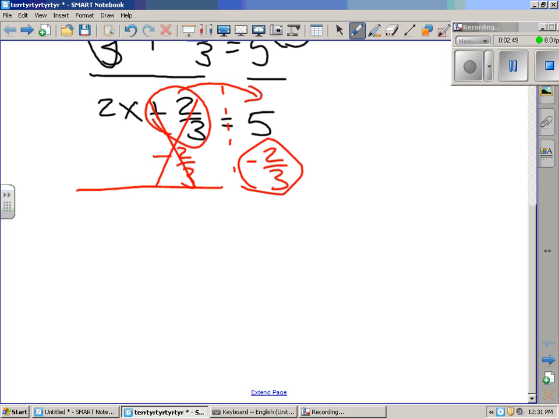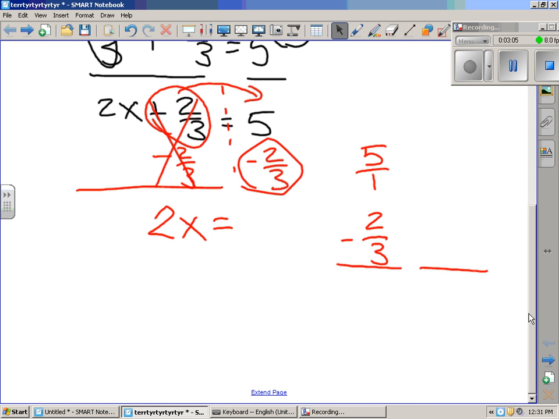On this left side, we have a 2x that remains, and then on the right side, we have 5 minus 2/3. Now, like we did in class, it's helpful to write your whole number as a fraction, and then to change your fractions so that they have the same denominator. 3 and 1 could both go into 3, so we use 3 as our common denominator.